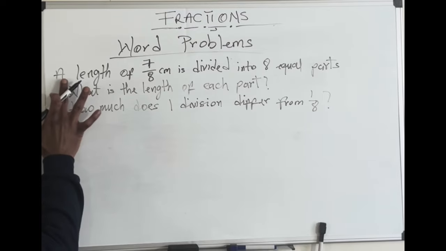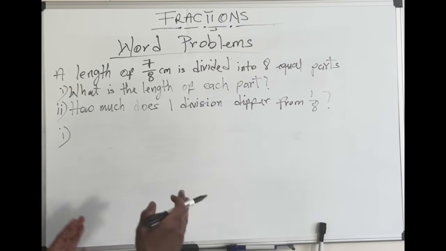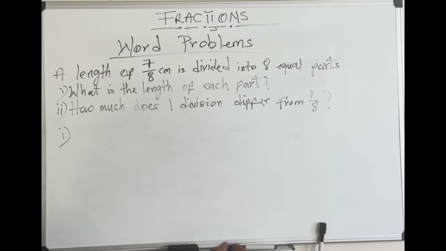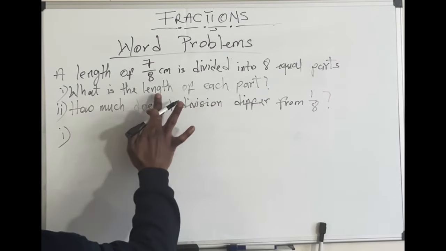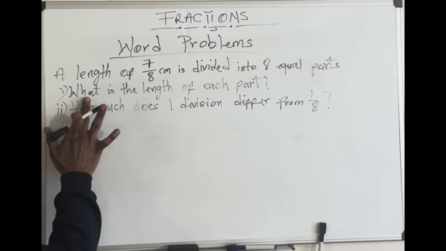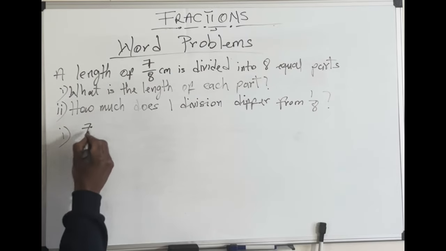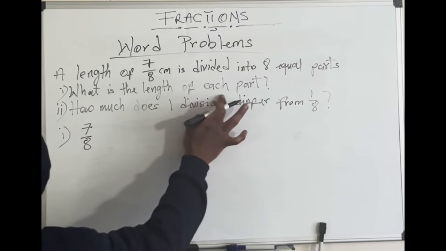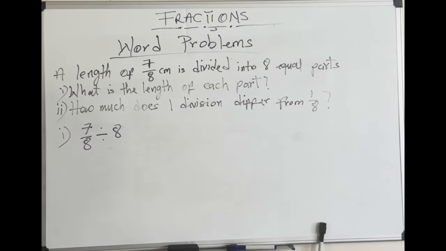Okay, and then it said that a length of 7 over 8 is divided into 8 equal parts. So equal can be each. So length of each part, A. So what is the length? 7 over 8 of each part divided by the 8. I hope we understood that.